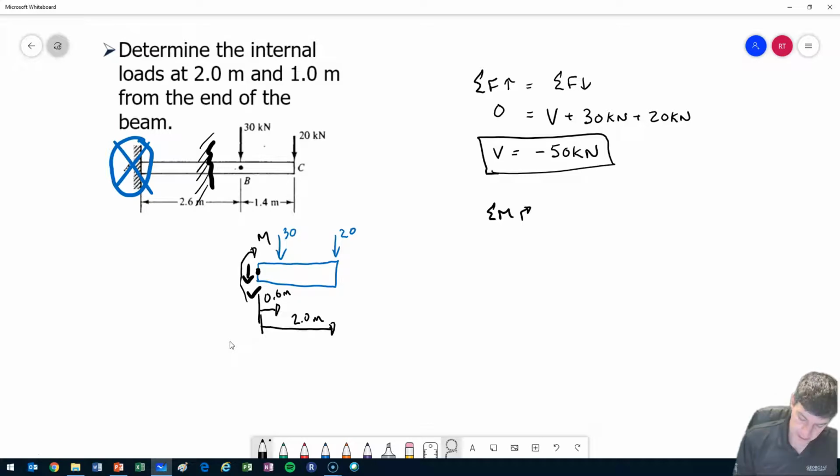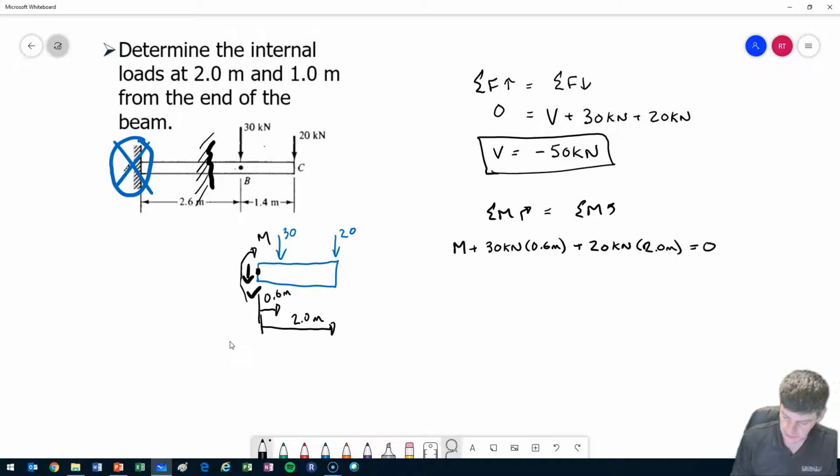I also have my sum of moments. So going on the right hand side, the same idea. I got M plus 30 kilonewtons at 0.6 meters plus 20 kilonewtons at 2.0 meters is equal to 0.